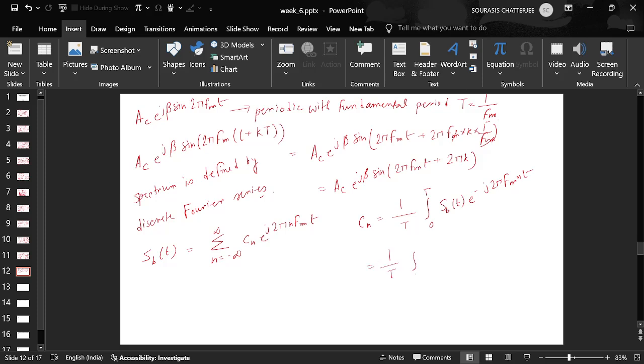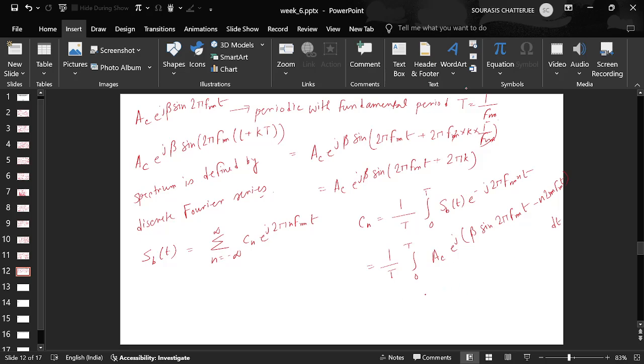So what we actually see is integral 0 to T of Ac e to the power j beta sine 2 pi fm t minus n 2 pi fm t, dt.